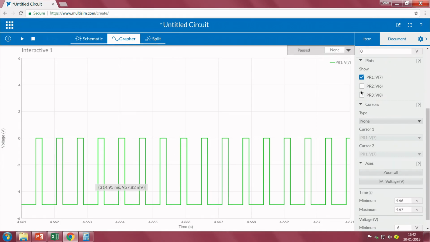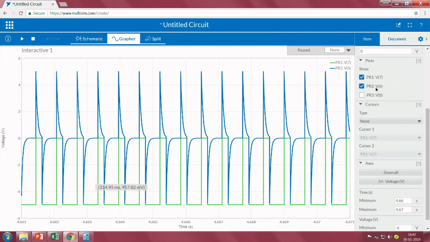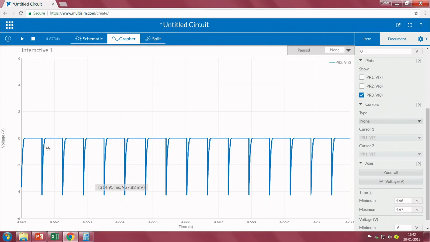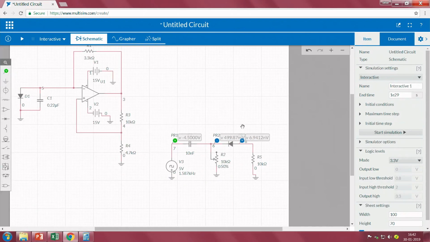Then when you see PR2, right, the pulse width is a little higher, but during the negative cycle, because we require only the negative pulses, it is good to go. Then when you only see the PR3, you are getting only the negative pulses. So one thing is clear that this particular circuit is giving me the negative pulses.